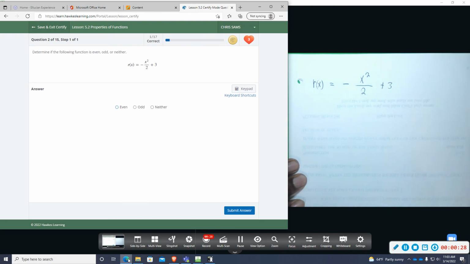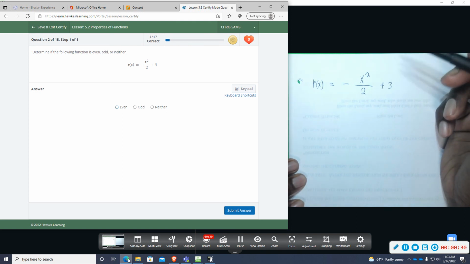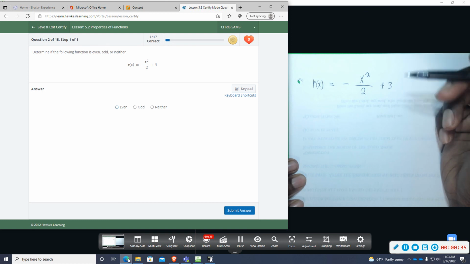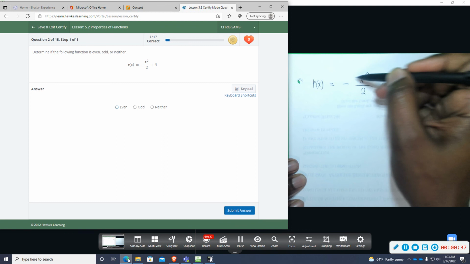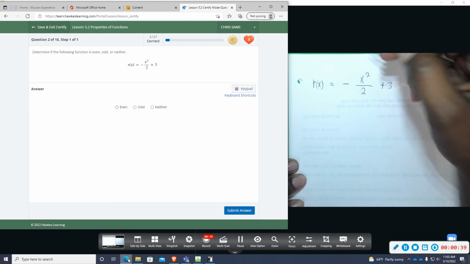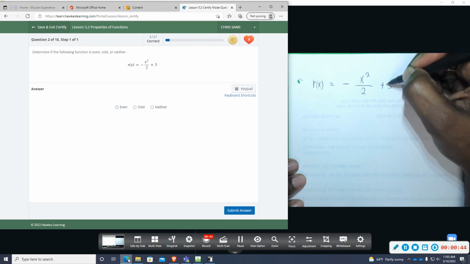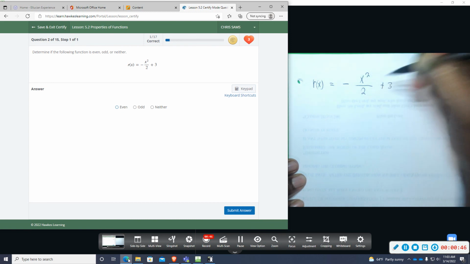The biggest things that will affect the symmetry are if you have a shift horizontal left to right, that means something in parentheses with x, or the +3, depending on which type of symmetry you have.